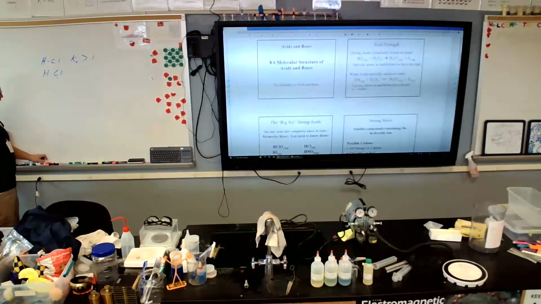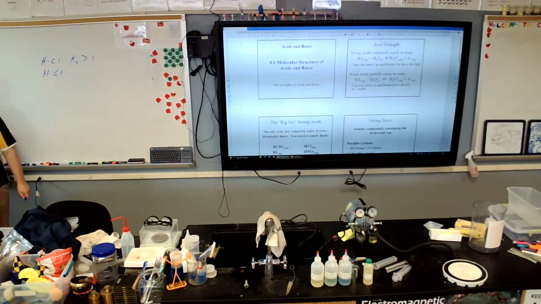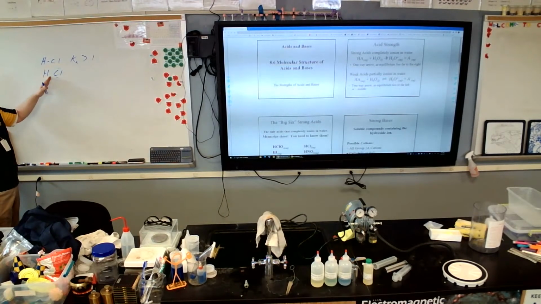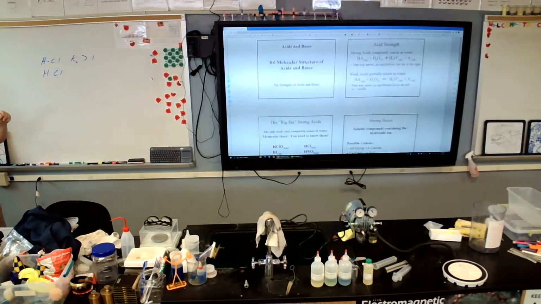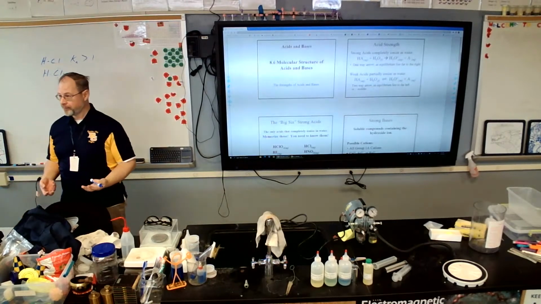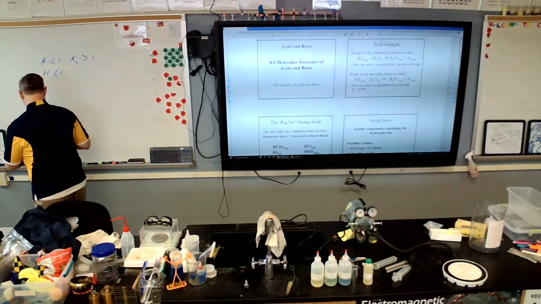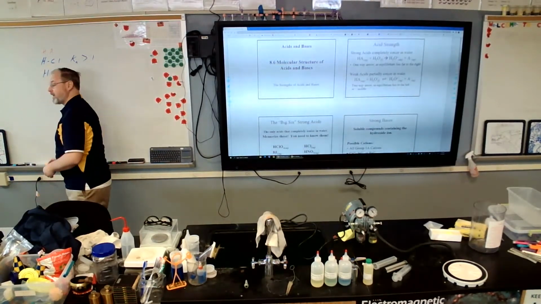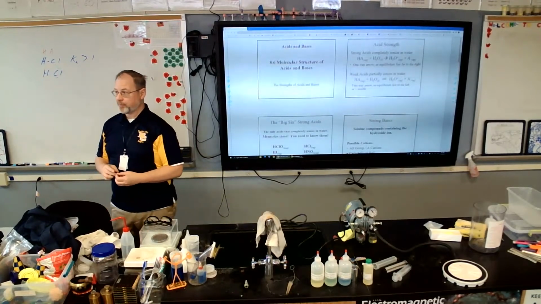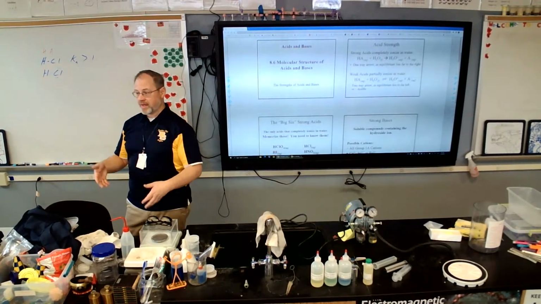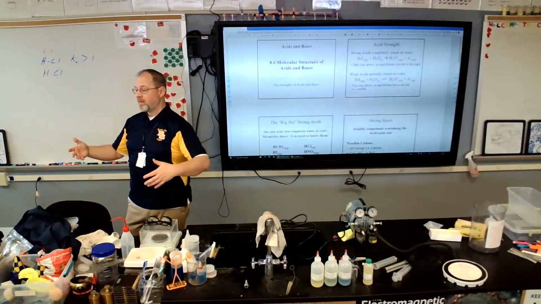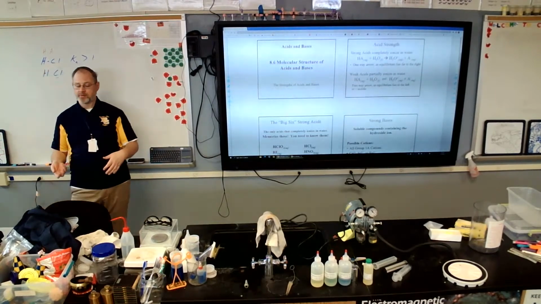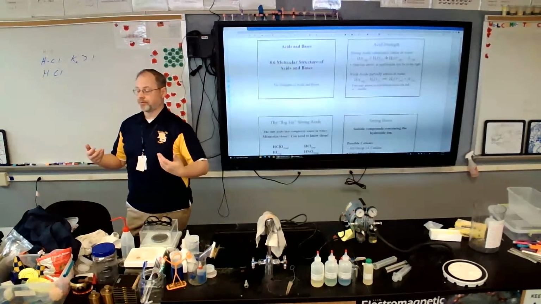So the chlorine, because it is so large and because it is so electronegative, hoards the electron pair that the hydrogen and the chlorine share. And the more the A minus hoards the electron pair from the bond, the stronger the acid is going to be. We show acids with an H and an A minus, so that's H and A. So that pull of electron density away from the hydrogen determines the acid's strength.